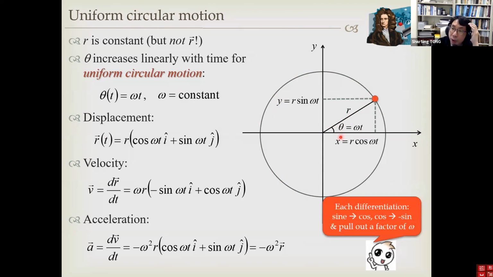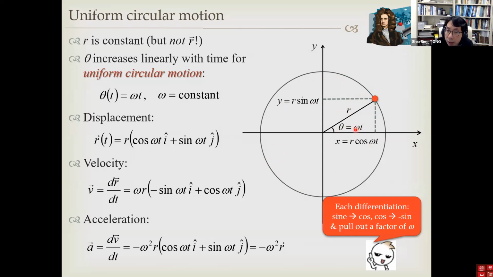And for a uniform circular motion, this angle increases linearly with time because the motion is even. The point will not move faster and slower at different times. So the angle will increase evenly with time, and so that's given by a linear relation.